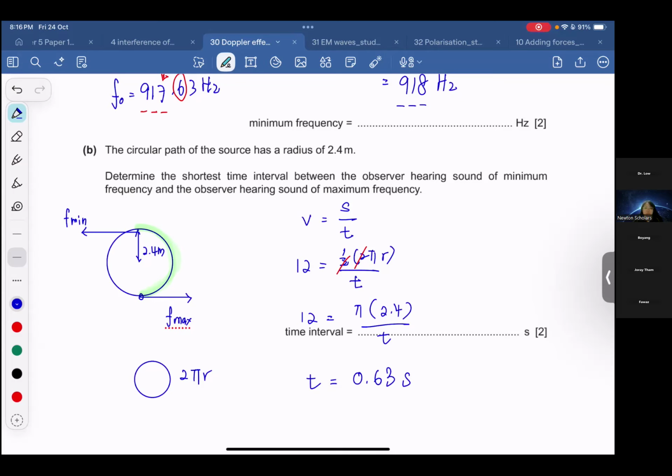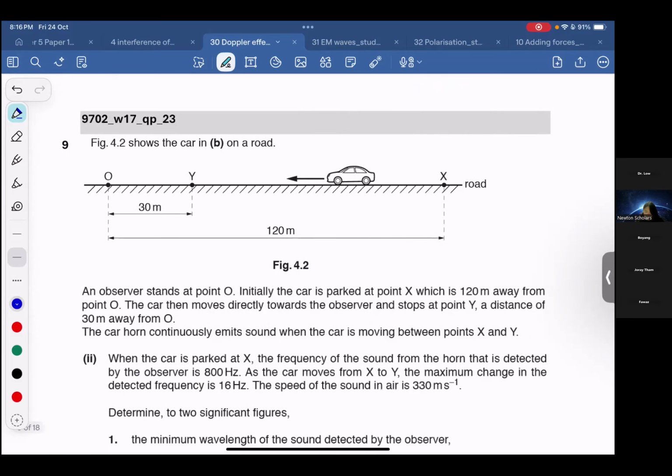Actually, this question is not Doppler, but combined with Year 10 knowledge about speed, distance, and time. Then we go to your next page.